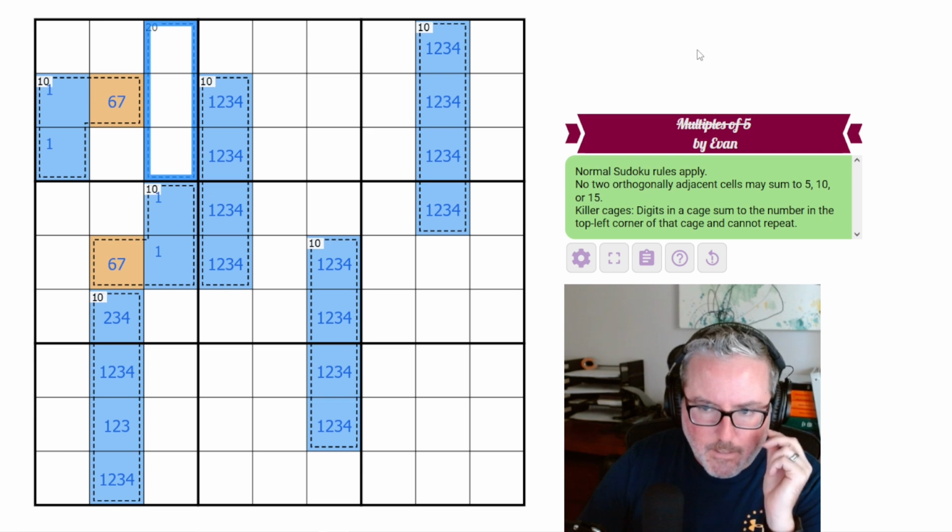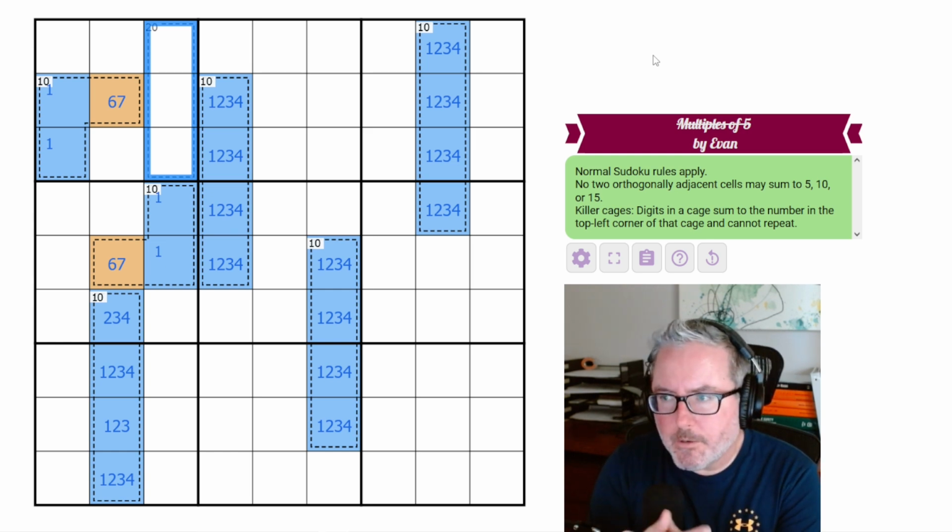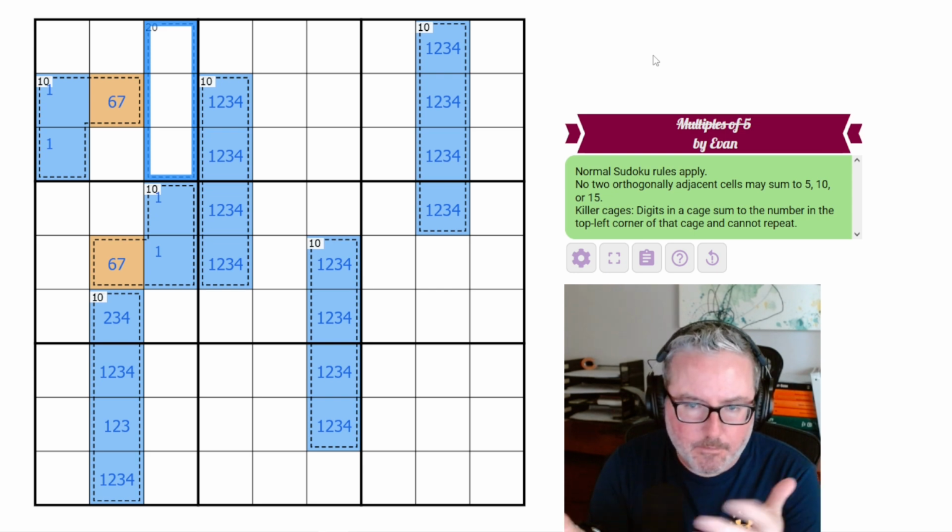Is there a way to break down the 20 cage into anything of good use? We know there has to at least be 1 high digit on it, right? Because you can't have 5 4 3.